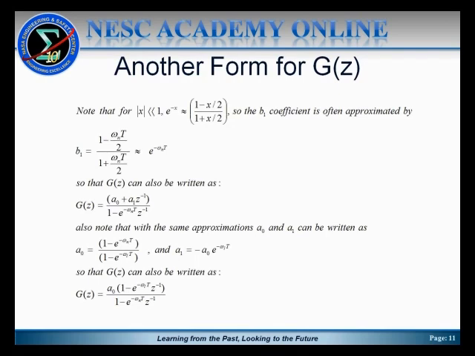And also note that with the same approximation, you can rewrite a0 and a1 as follows. a0 was defined 2 slides ago as 1 minus e to the minus omega n t over 1 minus e to the minus omega l t. And then a1 can be written as minus a0 times e to the minus omega l t. So then that transfer function g of z can be written in terms of exponentials as shown at the bottom of this slide. And that's very commonly done.